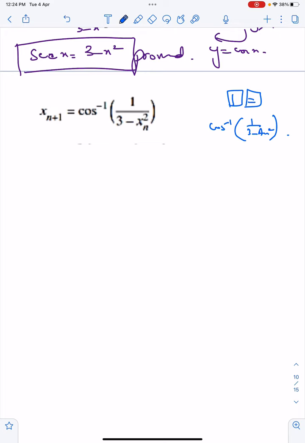So the calculator is giving me the first value. So x1 we know is 1. x2 is going to be cos inverse of 1 upon 3 minus 1 square, which is 1.0472 up to 4 decimal places.